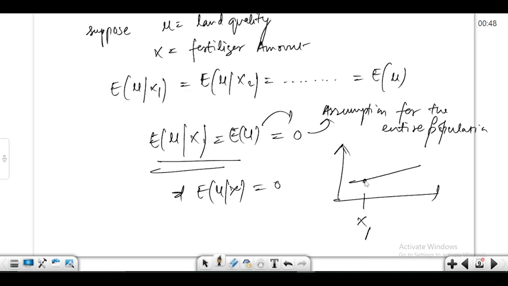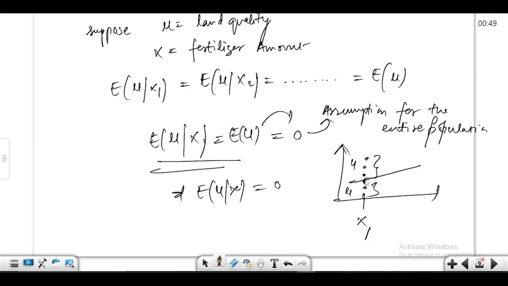Whatever values of u I get given this value of x, the expected value of the error terms will be 0. Whatever u values I'm getting here, different u values for this same value of x for different people in the population, the expected value will be equal to 0.